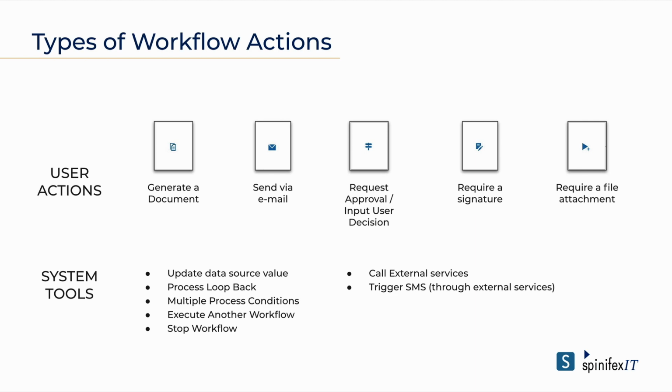Well, we have a condition processor that allows you to configure conditions. So if the employee is from the Philippines, then use this process. But if the employee is from Spain, for example, use this other process. And you can make very complex processes there.